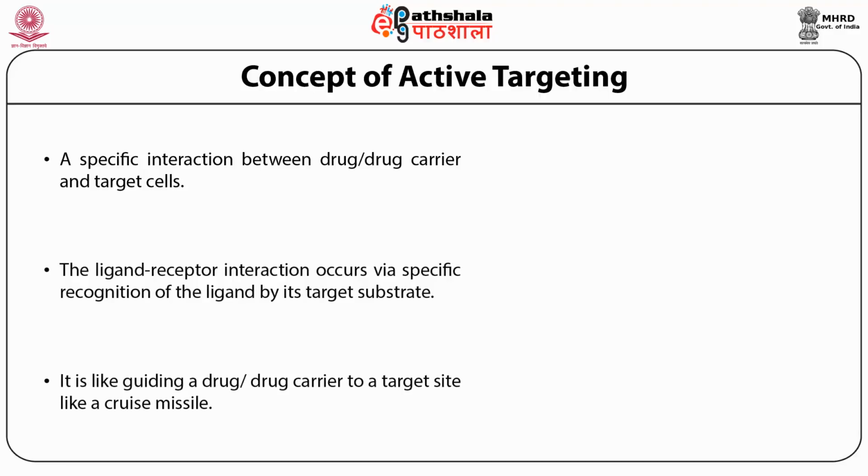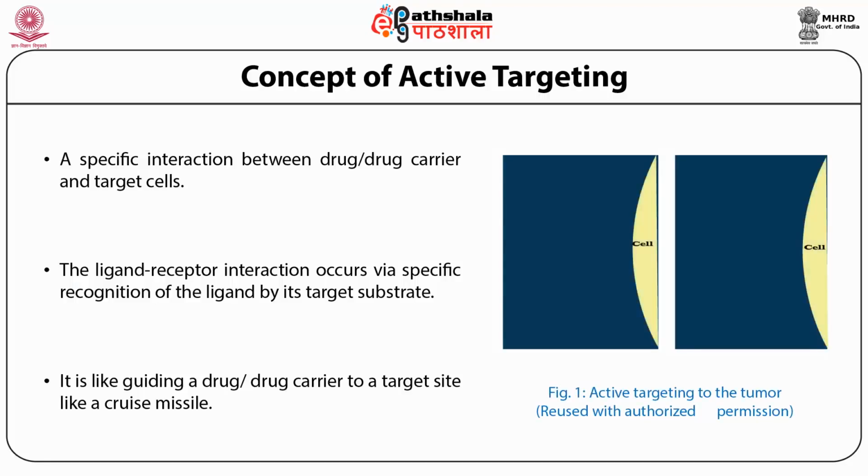So ligand-receptor interactions are possible only when the two components, the ligand as well as the receptor of the targeted cell surface, conformally fit with each other at a particular area or close proximity of less than 0.5 nanometer.